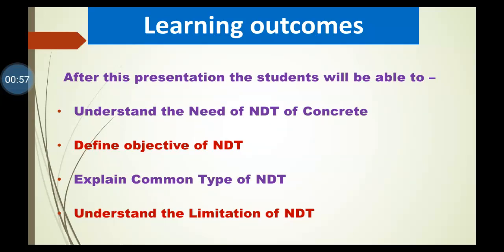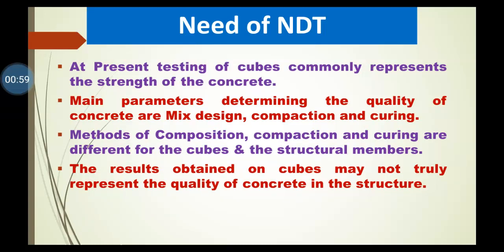Okay, so what are the needs of the NDT test? Basically we know that many tests are carried out over the concrete structure in order to know the compressive strength and tensile strength, but commonly the compression testing or the tensile testing is carried out over the compression testing machine or the UTM machine.